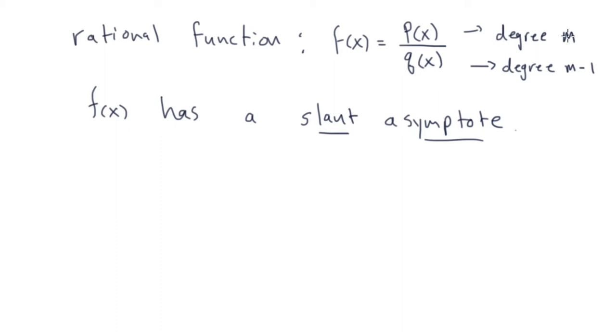It's actually going off to infinity or minus infinity as x goes to plus or minus infinity. But it does have what's called a slant asymptote. So it's actually leveling off to infinity, but it's leveling off along the equation of a line. Okay, and I'll show you a picture on the next slide.